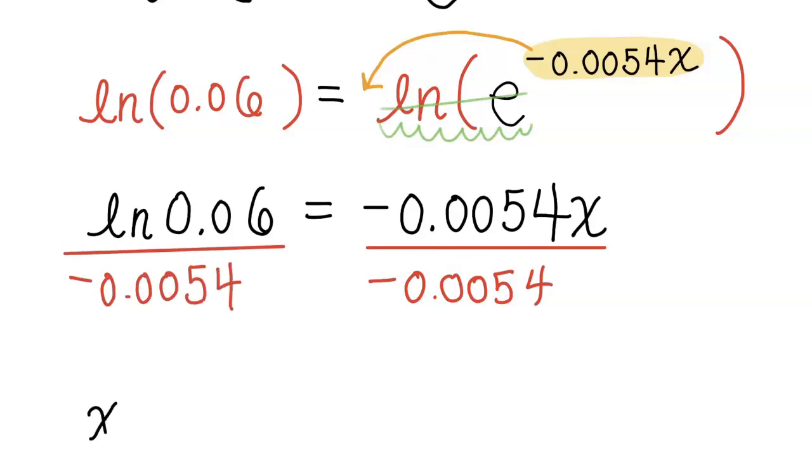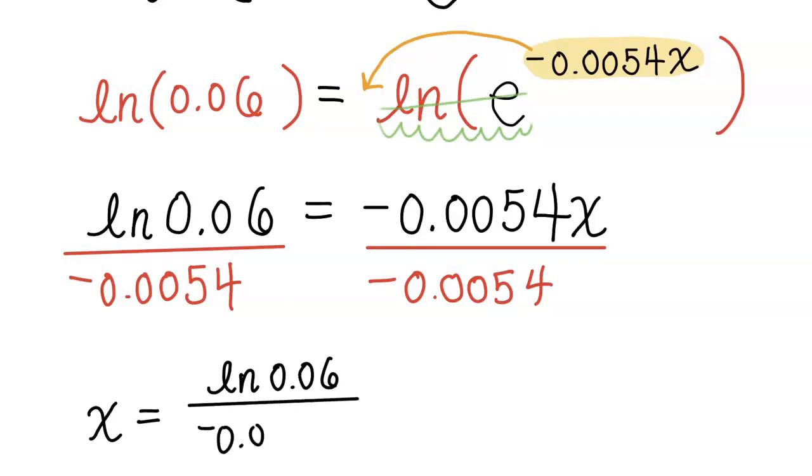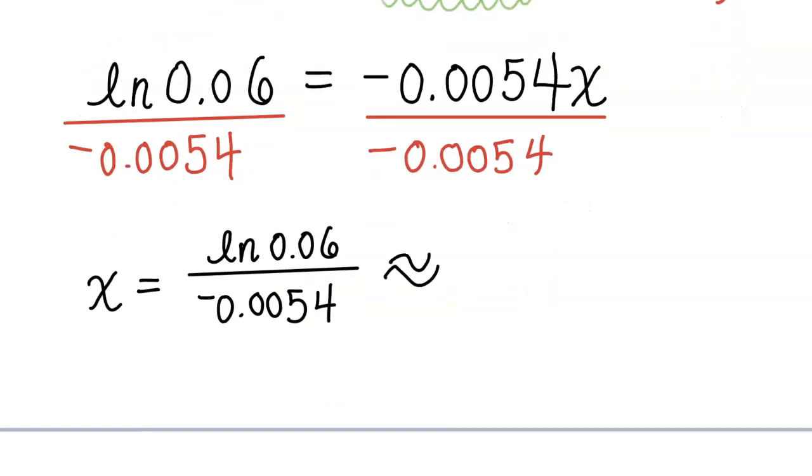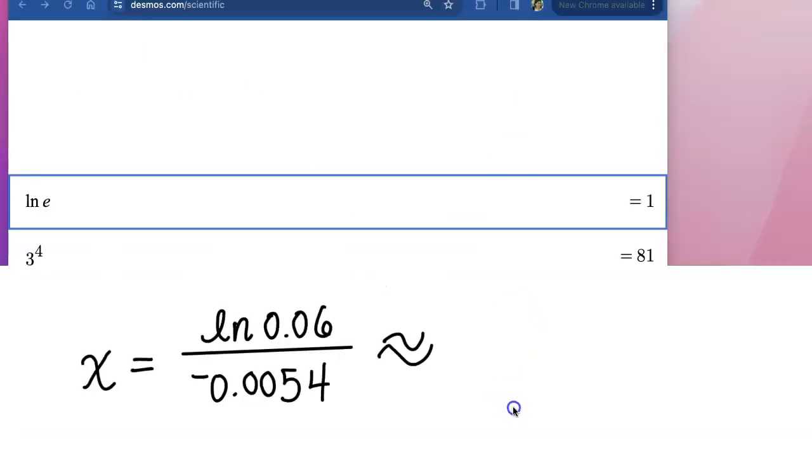The exact form is going to be natural log of 0.06 divided by negative 0.0054, but we want this to be how many years, right? So let's type this into our calculator to get a decimal approximation.